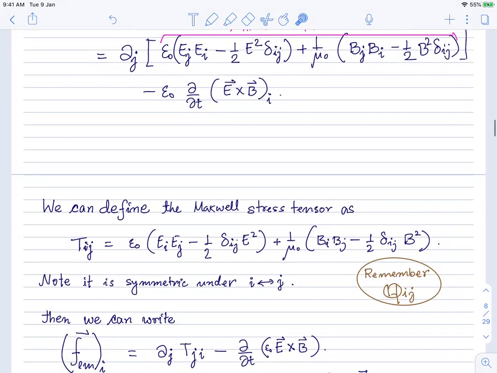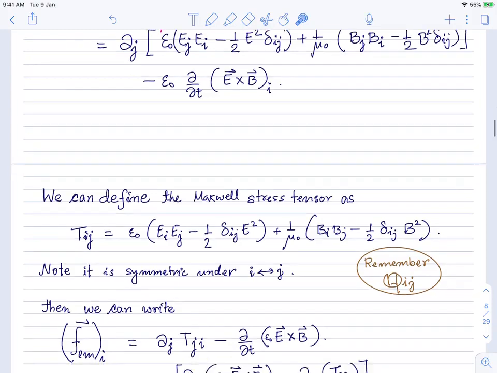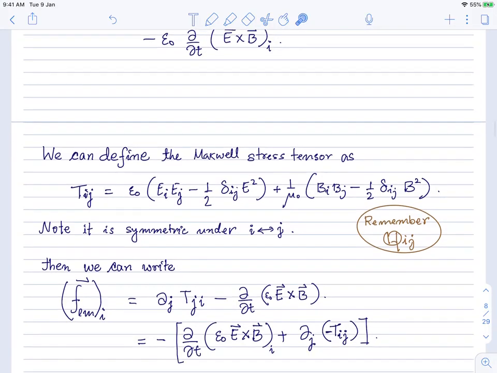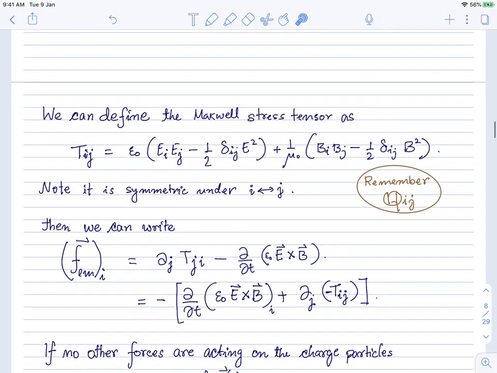If I denote it with Tij, which is the standard notation for the Maxwell stress tensor, then this is the complete expression. And as I said, in spirit it's very similar to the quadrupole moment, although there is no direct connection as such. I mean, here we are doing a completely different thing, but I'm saying the index structure is similar to the quadrupole moment. That's what I mean.